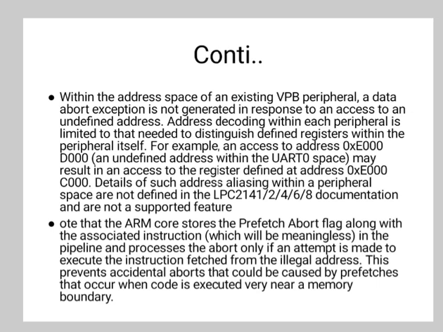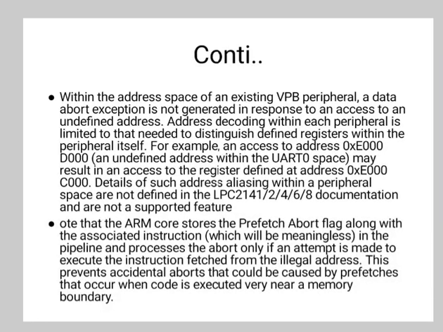When the address space of an existing VPB peripheral is accessed at an undefined address, a data abort exception is not generated. The address decoding within each peripheral is limited to that needed to distinguish defined registers within the peripheral itself.